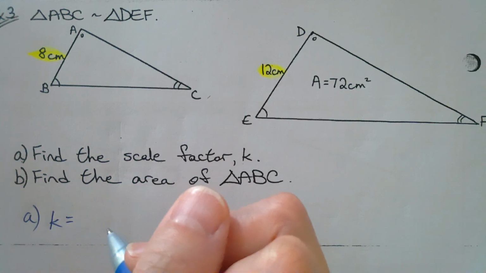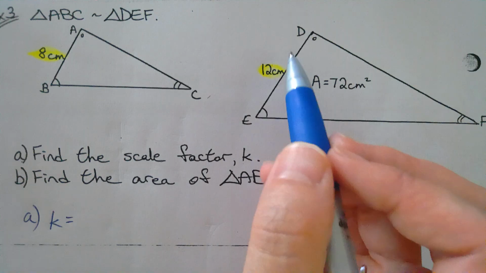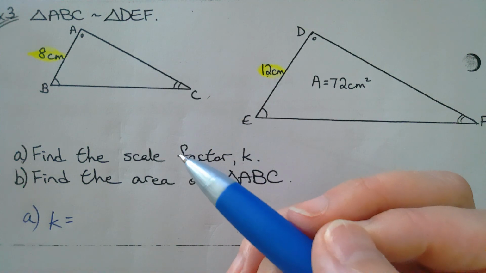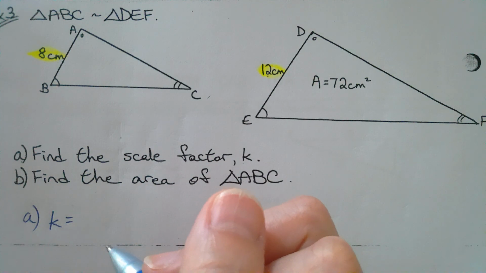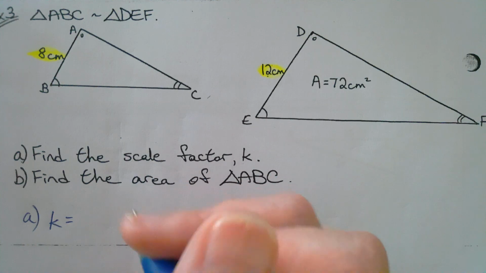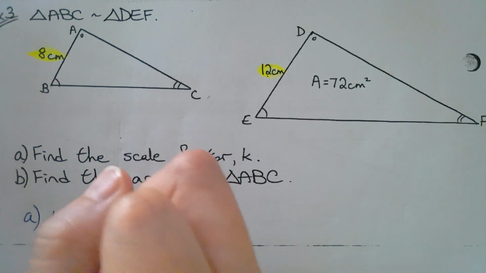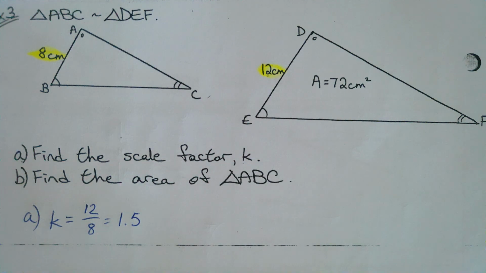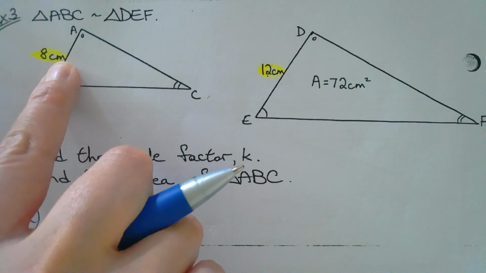Not 0.5, but how do I calculate it? Divide it, right? So what divide what? Should I do 8 divided by 12 or 12 divided by 8? Big over small. So 12 over 8. So 1.5. So that means this triangle is 1.5 times bigger than this one.